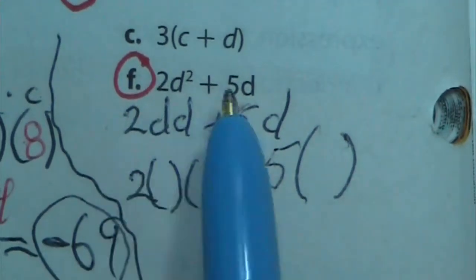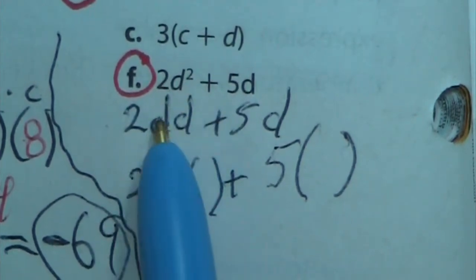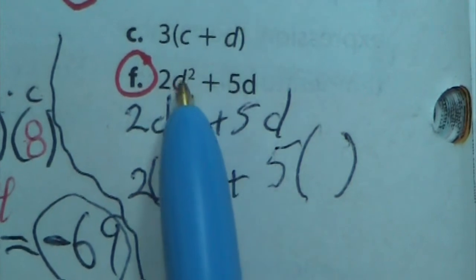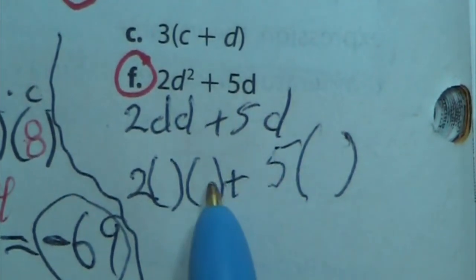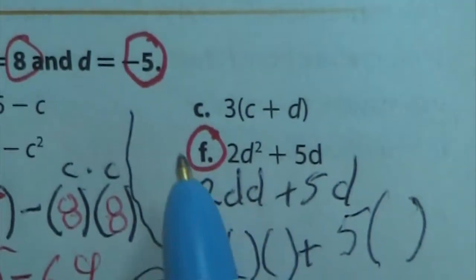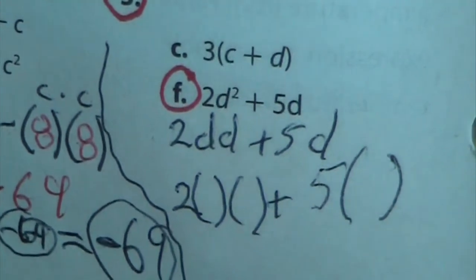Okay, I apologize for the messiness here, but 2d squared, that's like 2 times d squared, and d squared is d times d. And then we have plus 5d. Okay, d is -5. You need to plug in a -5 for d.